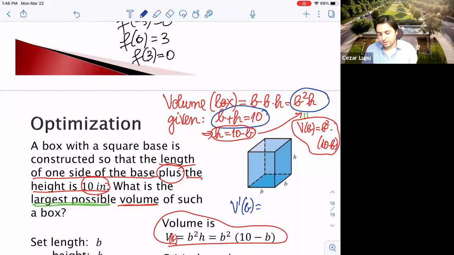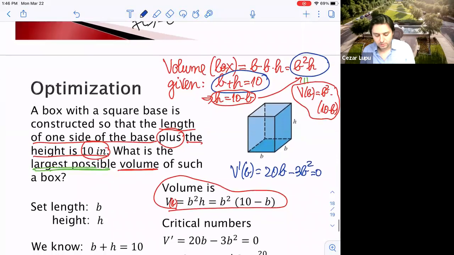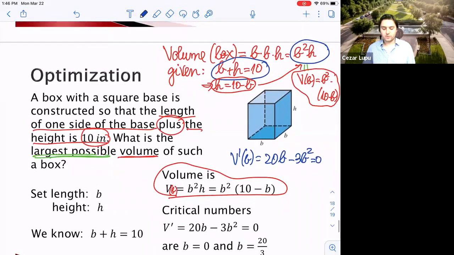Can you tell me? It's 20b minus 3b squared. We would like to find the critical numbers, so we will set this equal to 0. And once we do this, we'll get these two solutions: either b is 0 or b is 20 over 3.